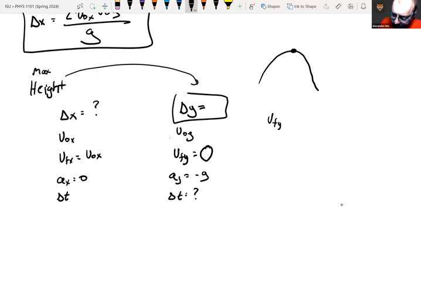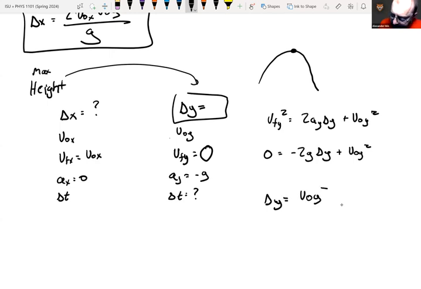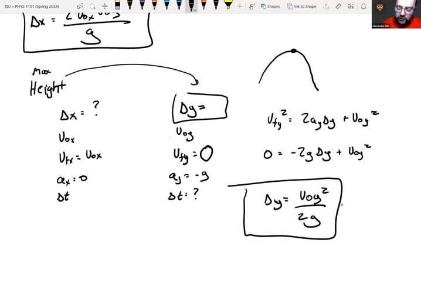So we have v final y squared equals 2a sub y delta y plus v naught y squared. Well, v final y squared was just 0. So we have 0 equals negative 2g delta y plus v naught y squared. Solving for delta y, moving over, we just end up with delta y equals v naught y squared over 2g. And that is the maximum height of these things.